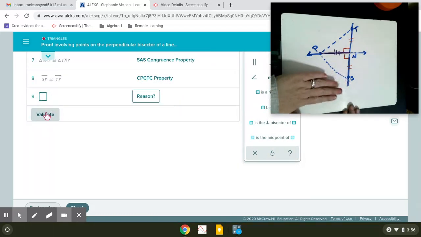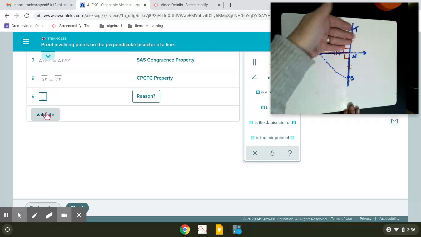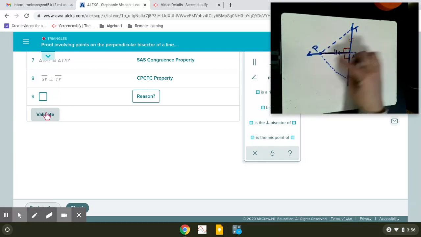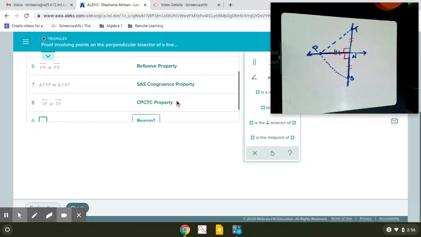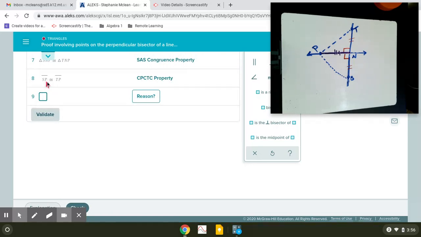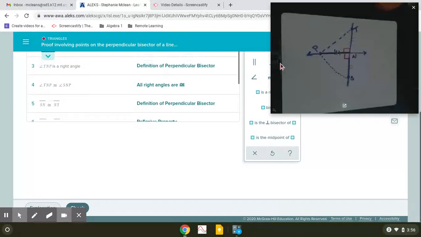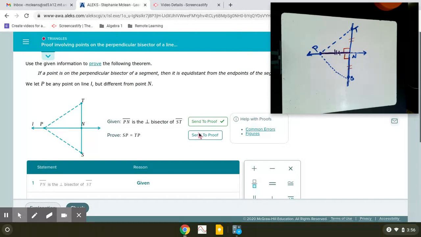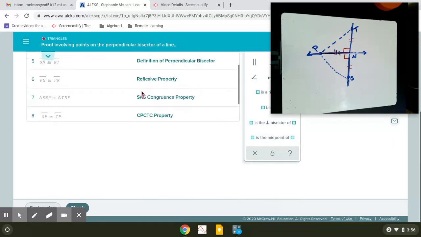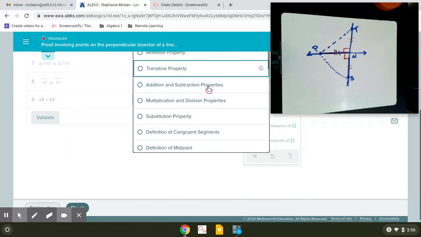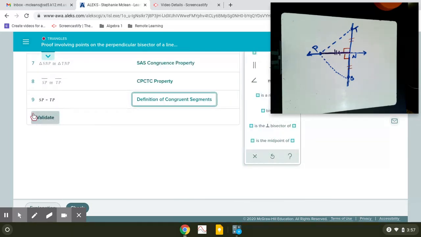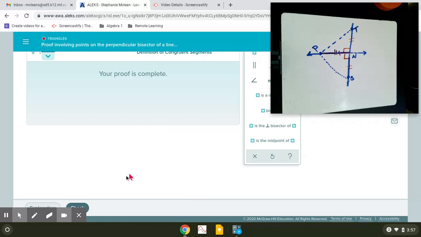That's like if I take this triangle on the bottom, fold it over that line on top of the other one, the side SP lies on top of TP. So since we showed that segment SP equals segment TP, we can show the distance, so the last part, SP equals TP from the definition of congruent segments. All right, let me know if you have any questions on that.